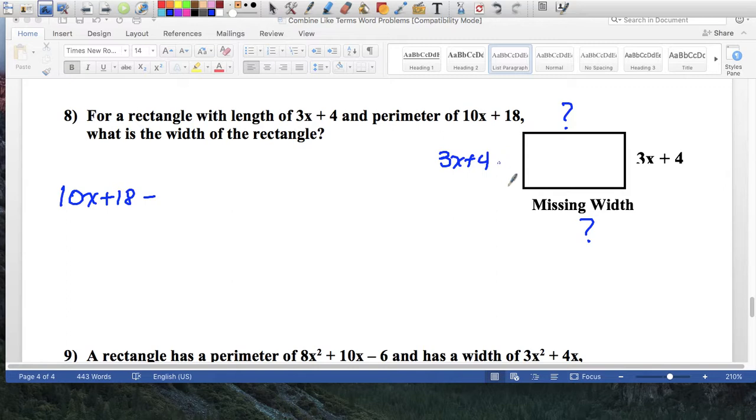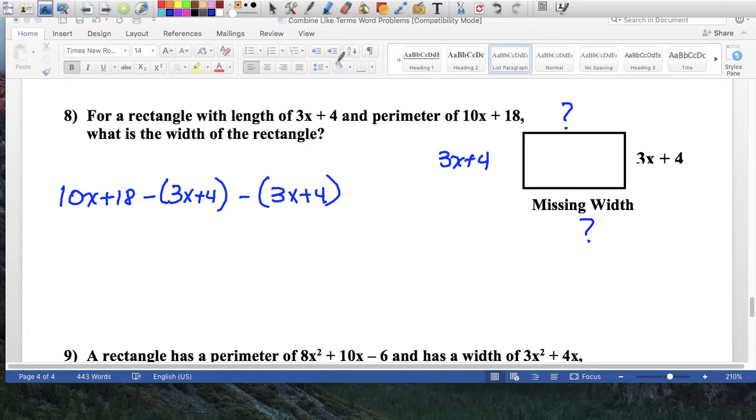Let's take away this height here, or length. Let's take away that side. And we're going to do it again because there's another one on the other side. So minus 3x plus 4.